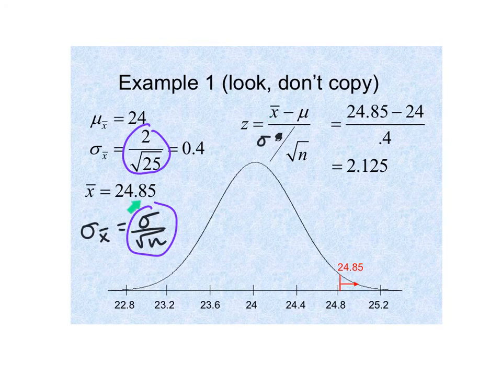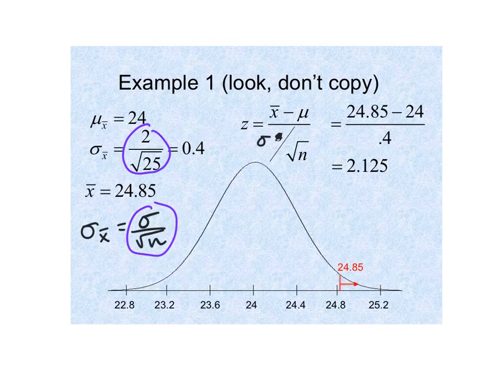X bar is 24.85 minus mu, which is 24. Okay. Calculating this fraction gives us 2.125. Okay. And that's what I want to get. That's what I want to put in the next step of my acronym.